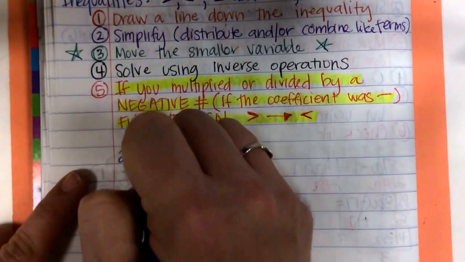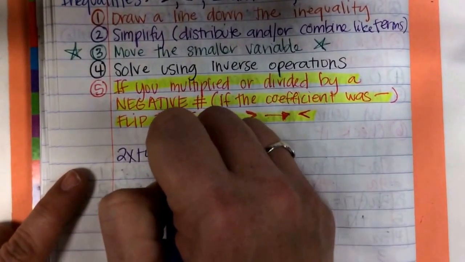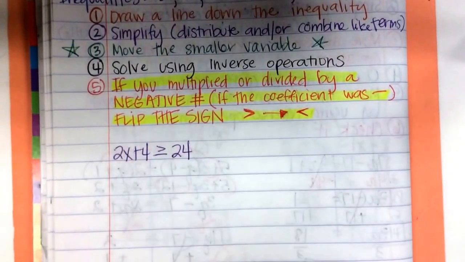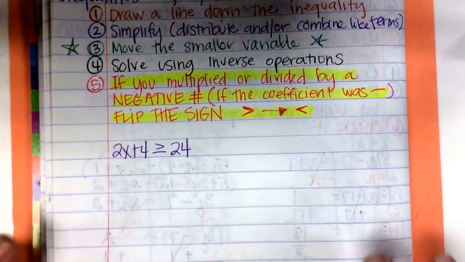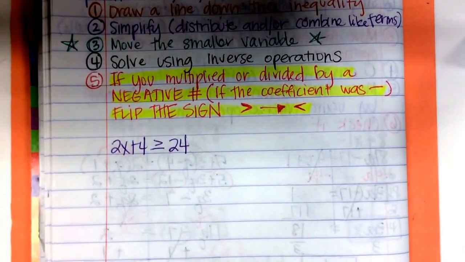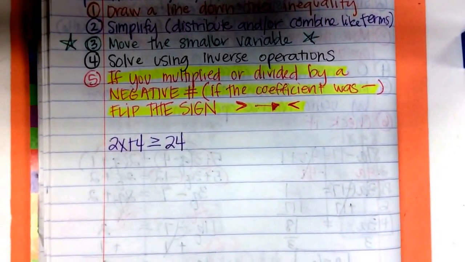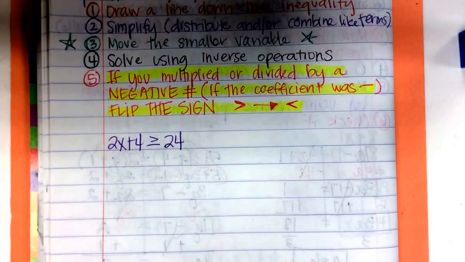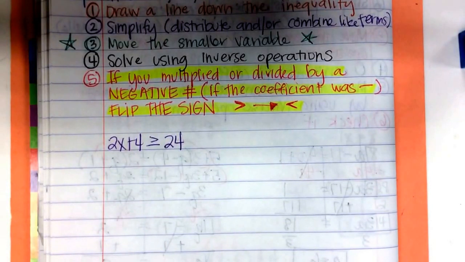2x plus 4 is greater than or equal to 24.